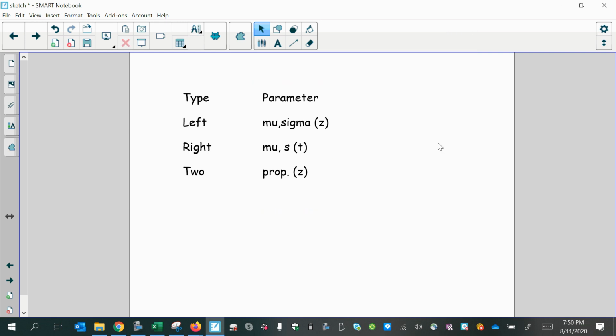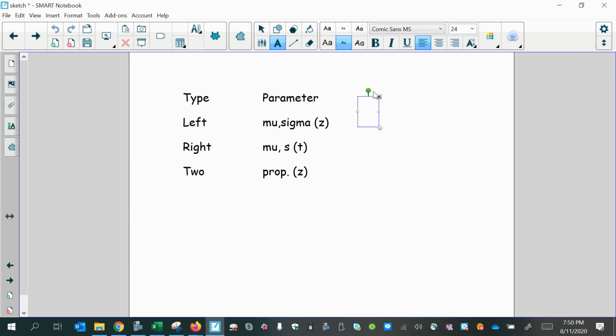What else can change? We can have left, right, 2, different parameters with different distributions. We could also end up rejecting or not rejecting, fail to reject, the null hypothesis.